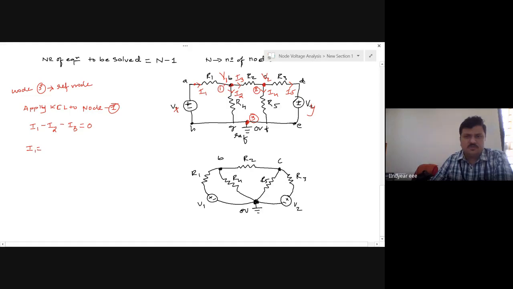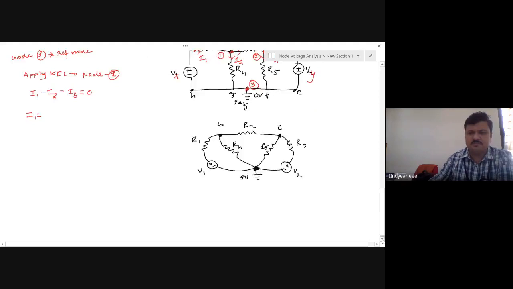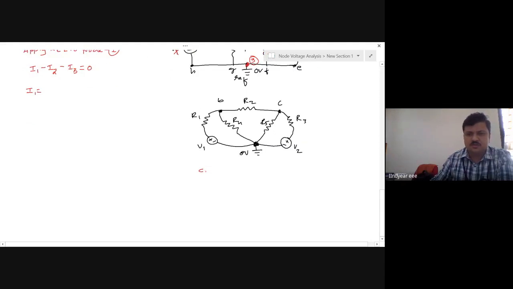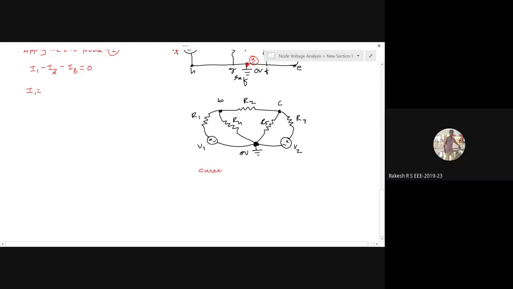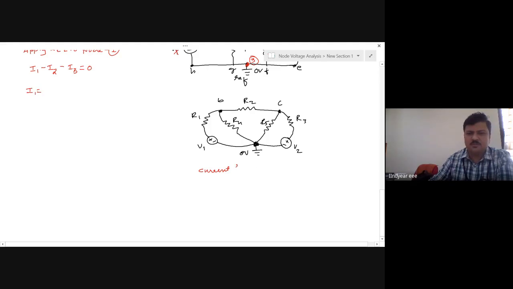Okay. Now, one thing we should observe. What is current? Current flows from higher to lower potential point. This you should remember.